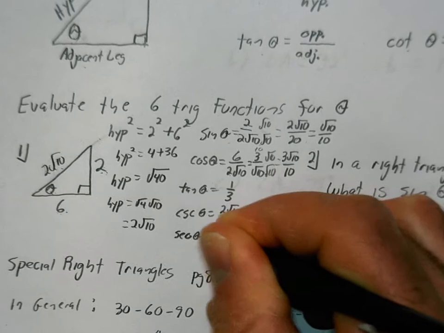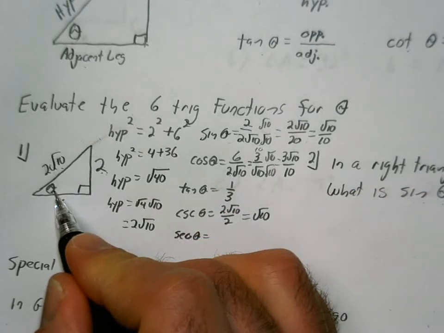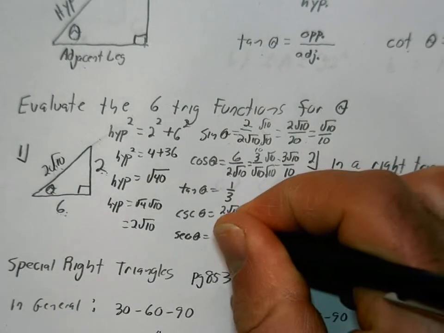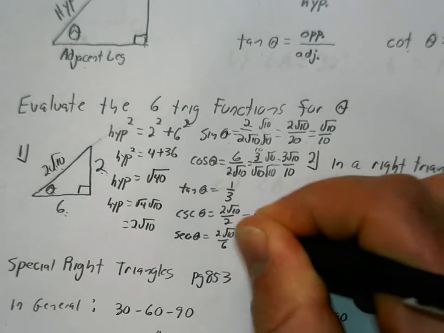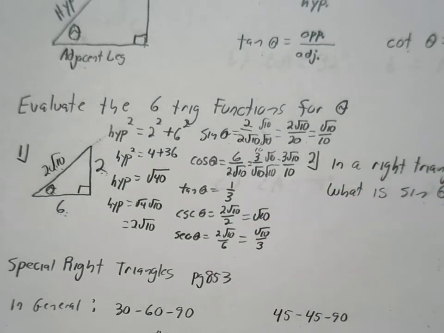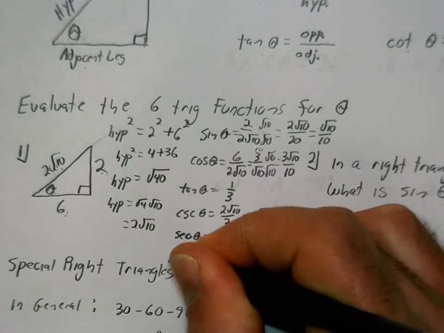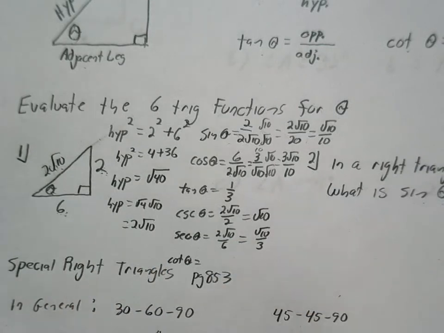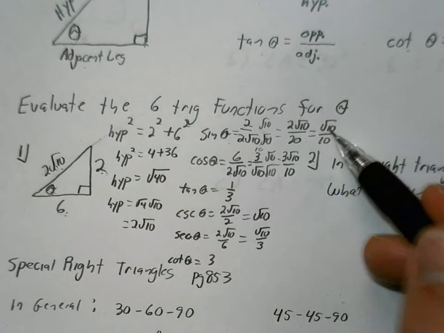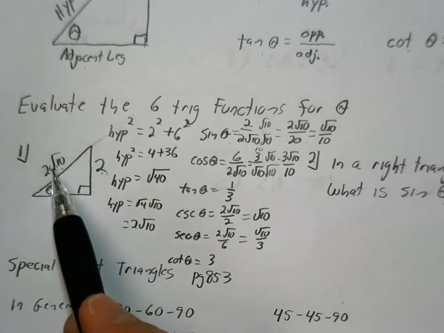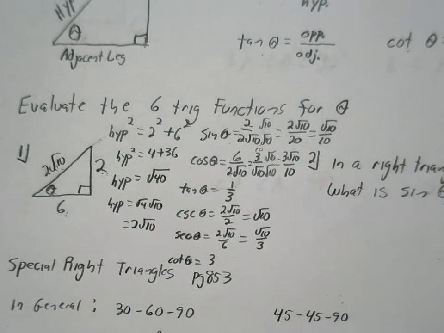Secant is the reciprocal of cosine, so it's hypotenuse over adjacent. 2 square root of 10 over 6, which is the square root of 10 over 3. And then finally, cotangent of theta. Cotangent is adjacent over opposite, so it's 6 over 2, which is 3. So I've written out all 6 of the trig ratios for this triangle. And we have to leave it in square root form and simplify things down as we go.